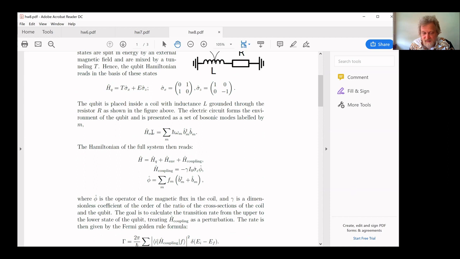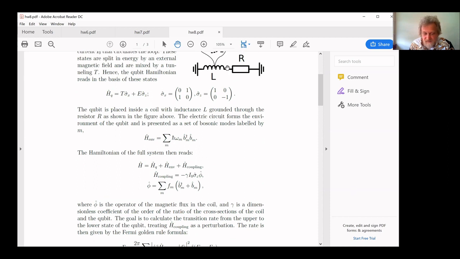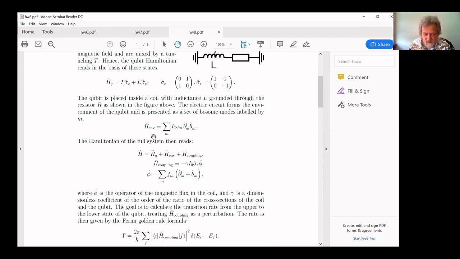Then interesting things are happening. The qubit is placed inside a coil, and this coil is grounded through a resistor as shown in this figure. This electric circuit forms an environment of the qubit, to be represented, as we know, as a set of bosonic modes.